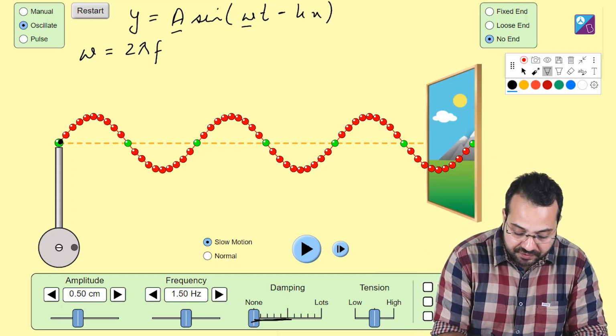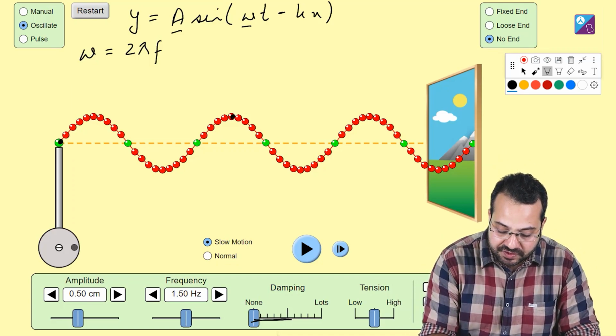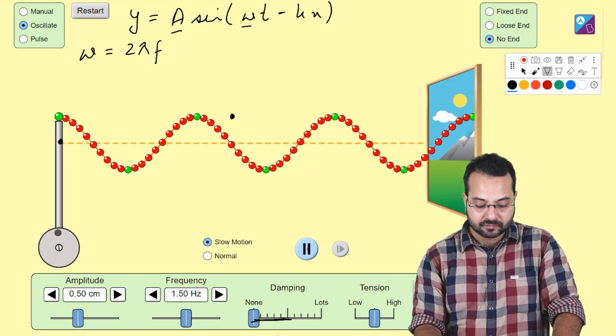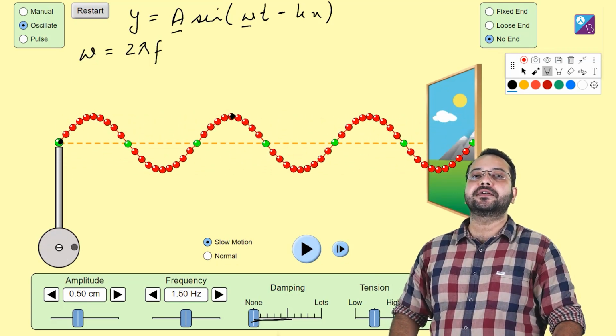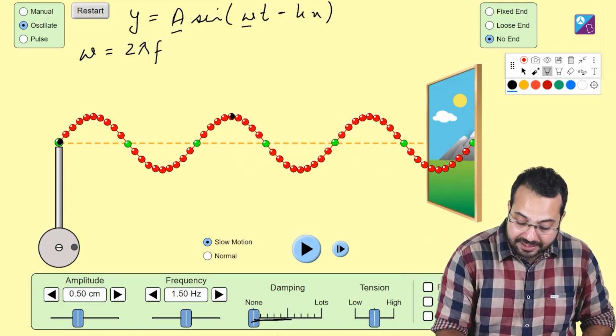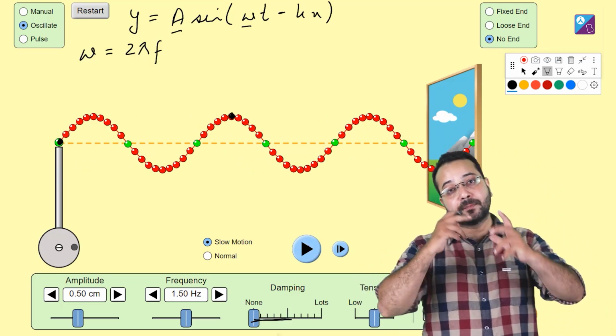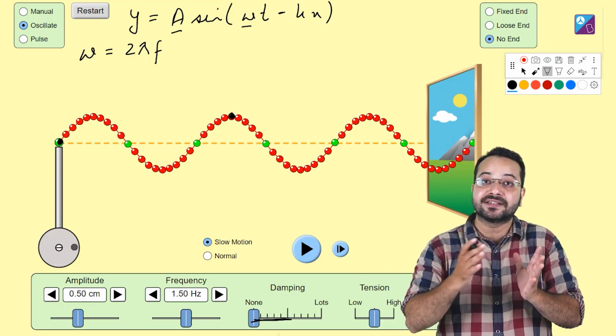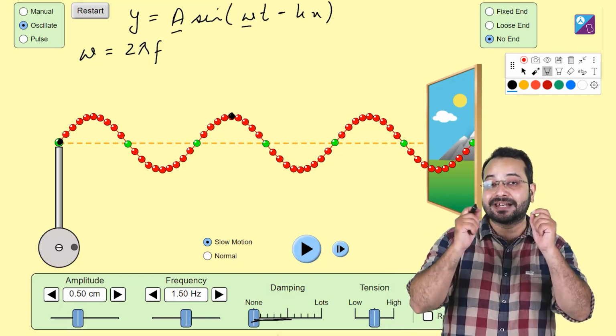Observe this particle over here and observe this particle over here. Okay, let's go. And the cycle has been completed. So you can see that this particle and this particle, both of them have completed the cycle in the same time, which means the time period is the same. So the time period is dictated by what?